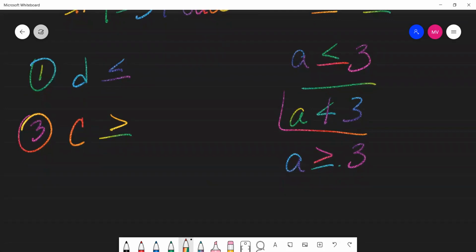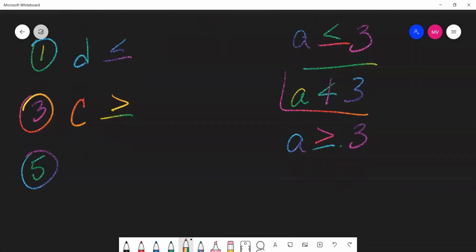Okay, Abigail, number 5. 5 says, is not as much as. So let's look at our A and our 3 again. So if A is not as much as 3, then what must it be? Less than. Can it be equal to?